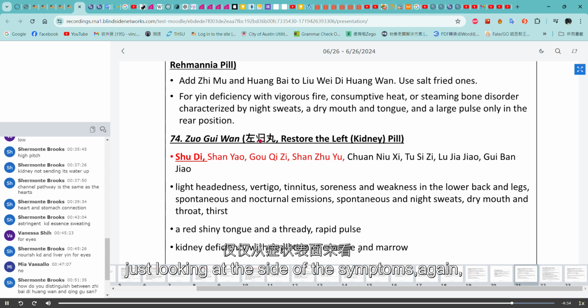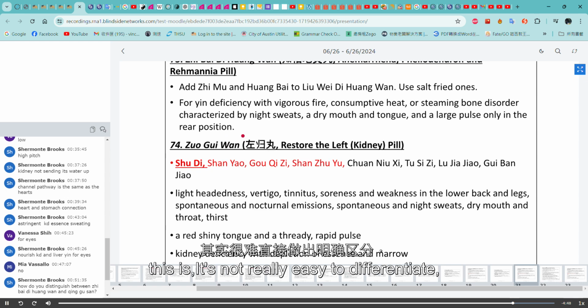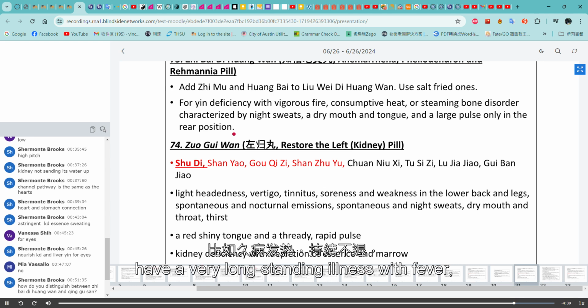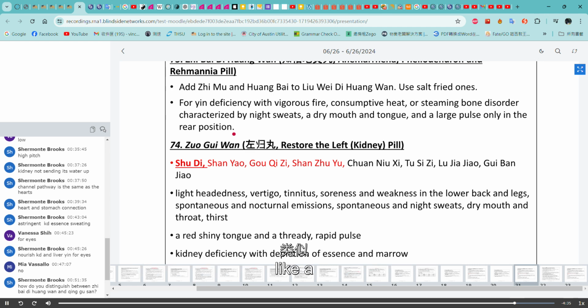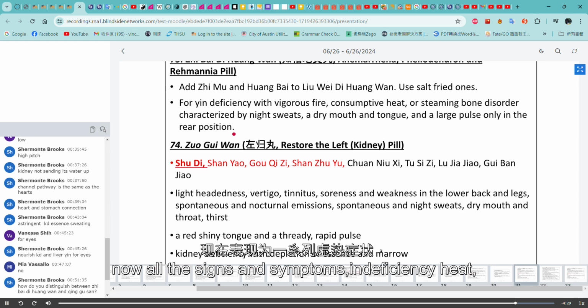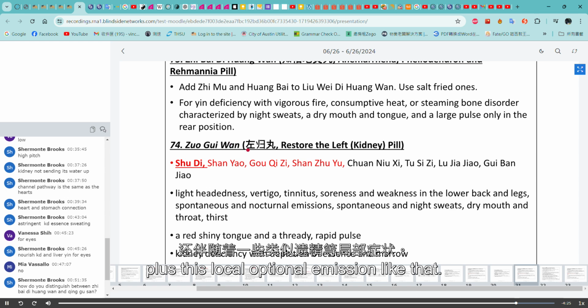So usually, just looking at the signs and symptoms, again, it's not really easy to differentiate. But usually they have some situation, like a patient who has a very long-standing illness with fever, like AIDS, and now has all the signs and symptoms of insufficiency heat plus this nocturnal emission.